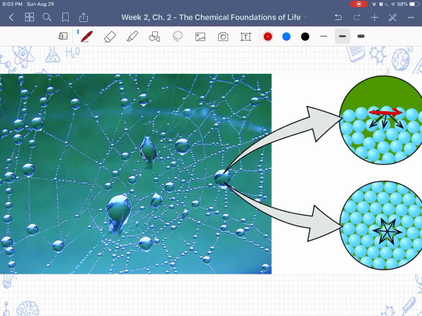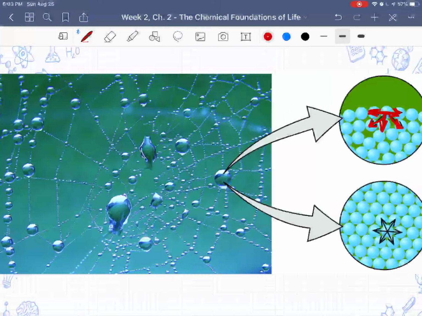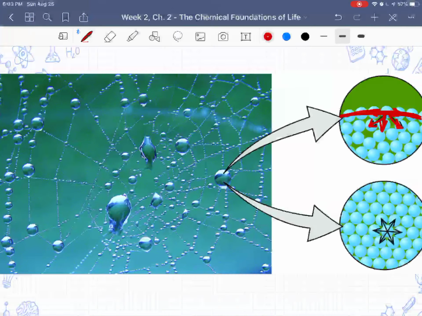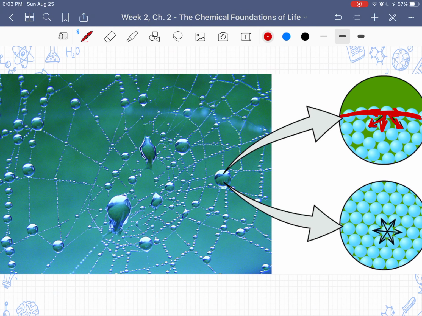The force at the surface is being distributed in 2 directions. The force underneath is being distributed in 3 directions. So it kind of forms, it's not a film, it's not like a plastic wrap, but it acts kind of like that because of the strength of the distribution of forces.